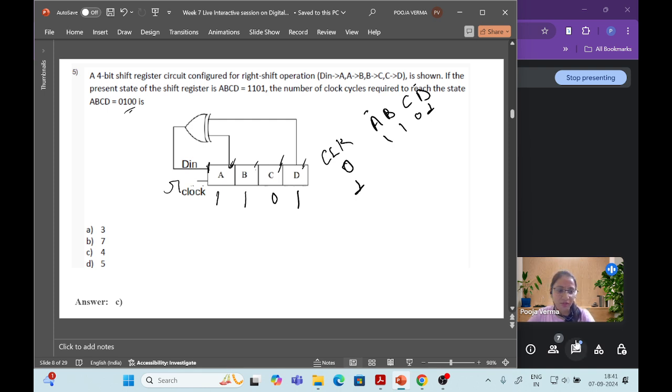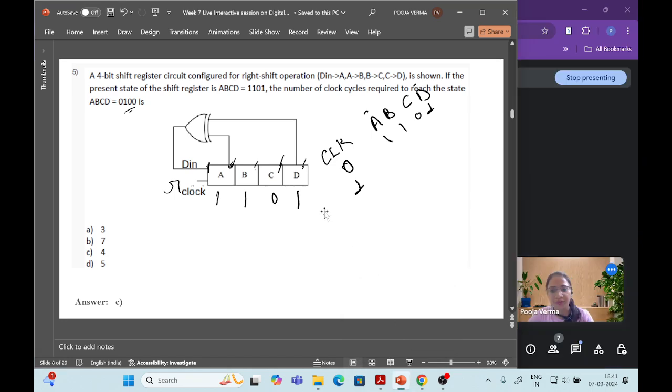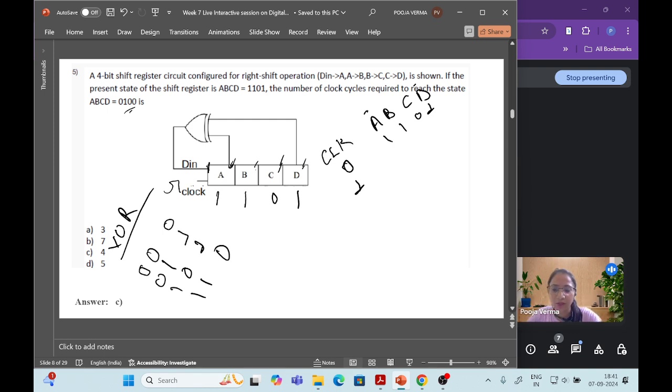XOR operation of two inputs. Yeah, correct, 0. So already we know that for XOR, when the inputs are the same, it will be 0. When the inputs are different, the output will be 1.